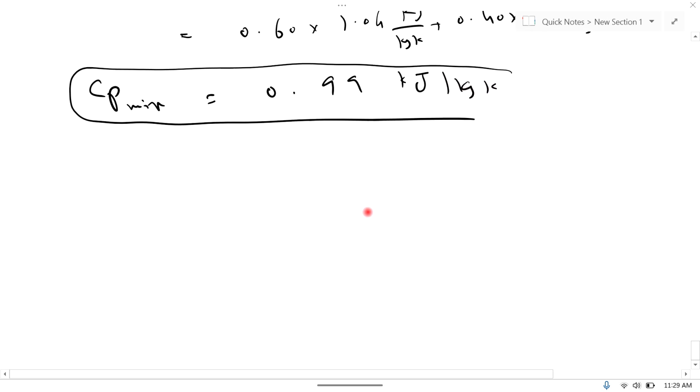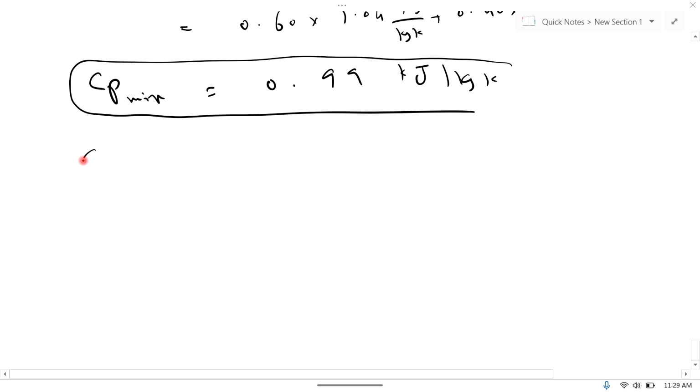Similarly, we can find Cv of the mixture with the help of the above formula. Cv of the mixture is the mole fraction of nitrogen times Cv. Here we will use Cv of nitrogen, and plus the mole fraction of oxygen multiplied by Cv of oxygen.